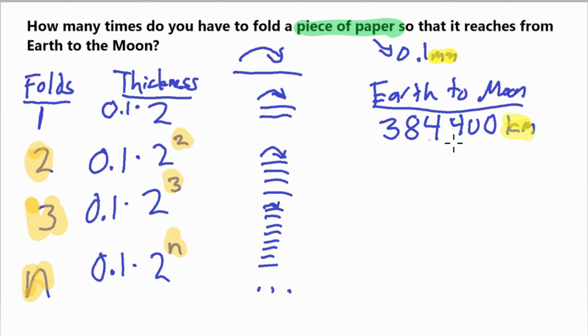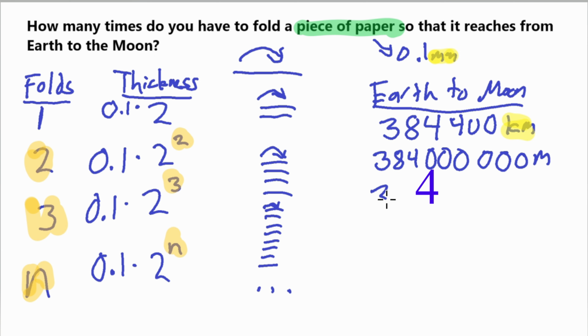So we need to convert our distance from Earth to the moon in order to match into millimeters. So we can multiply this distance by 1,000 to get the value in meters. So that'll be 384 million meters. And now there are 1,000 millimeters in a meter. So multiply that by 1,000 again, and we will get this value here.